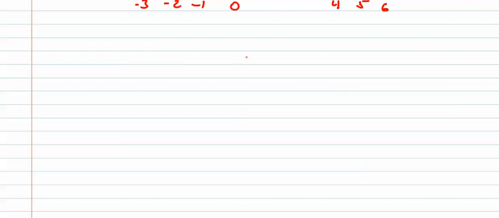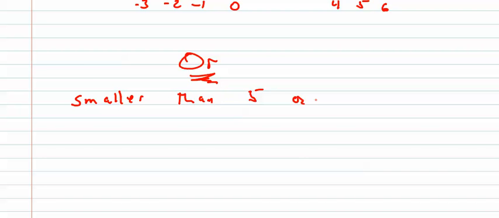The word "or" is different. If I say I want a number smaller than 5, or bigger than 10, I would look at numbers like 2, it's smaller than 5. 20, it's bigger than 10.